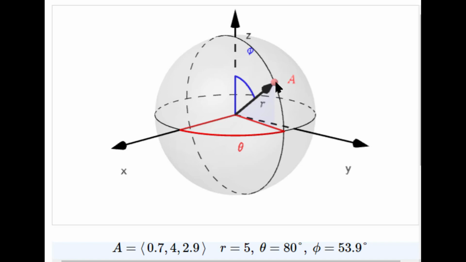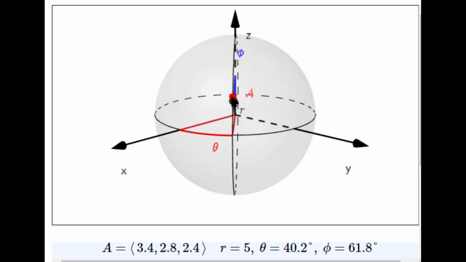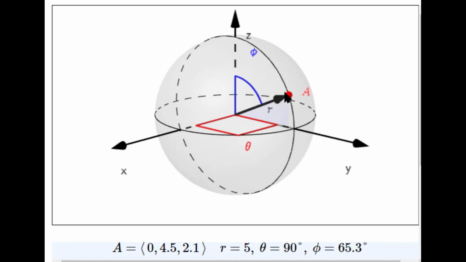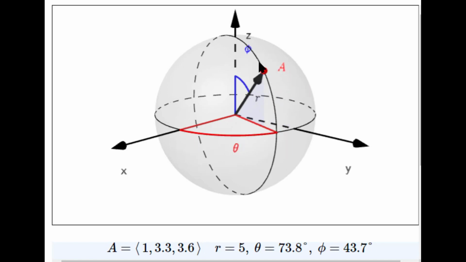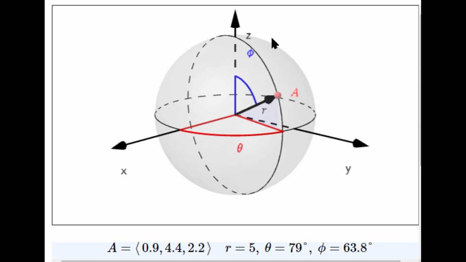So if we move A about, you'll notice that the theta, here I'm just changing theta, is changing. Okay, and if I move the polar angle up and down, you can see where that gets changed. So any point on the surface of this sphere can be defined by simply moving it and changing both the theta and the polar angle.